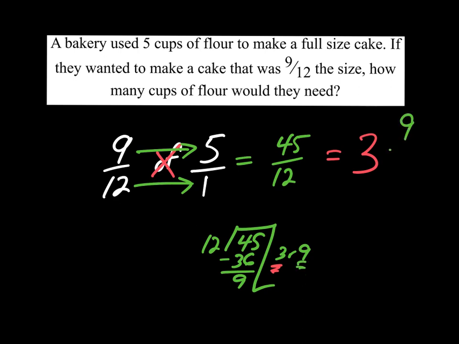The 9 is our numerator, and our denominator stays the same. And again, in the spirit of simplifying, once you get to 3 and 9/12, I look at 9/12 and I realize I can divide that by 3 over 3 and simplify it to 3 3/4. Don't forget our label because it's a word problem, 3 3/4 cups of flour.